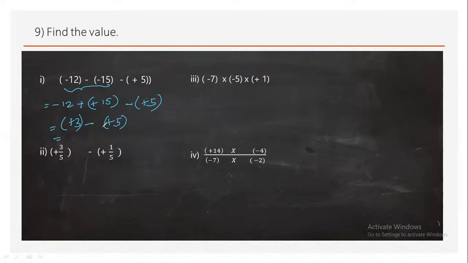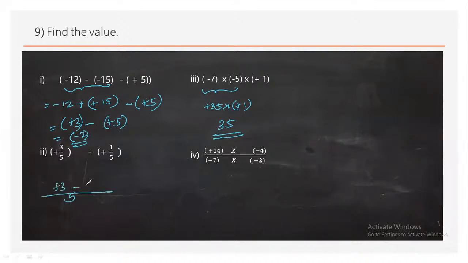Plus 5 minus plus 5. Then here minus 2. Minus 5 into plus 5 plus 35 into plus 1. Here we can write common denominator is 5.